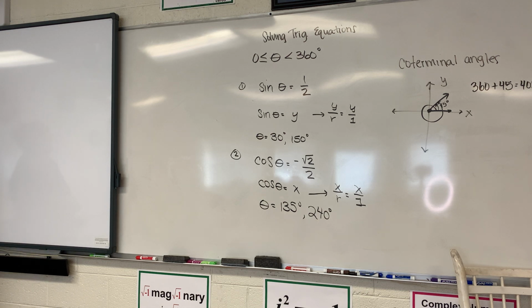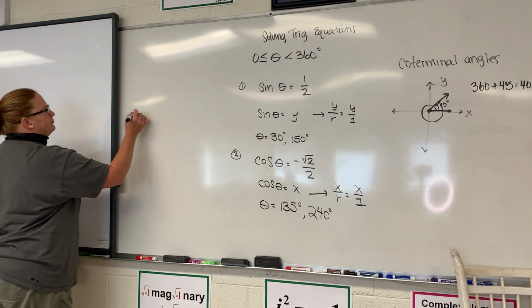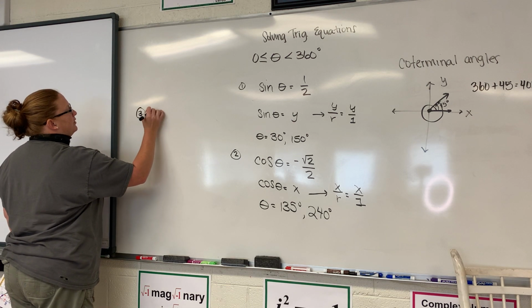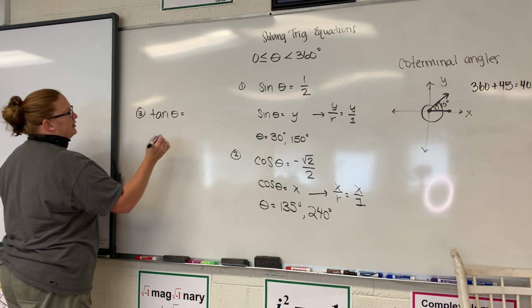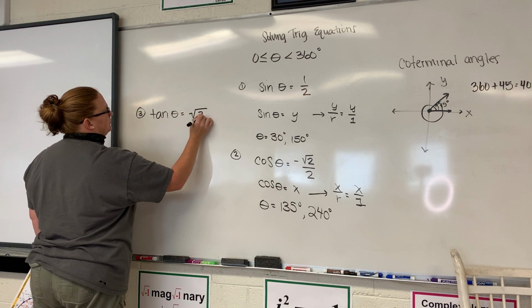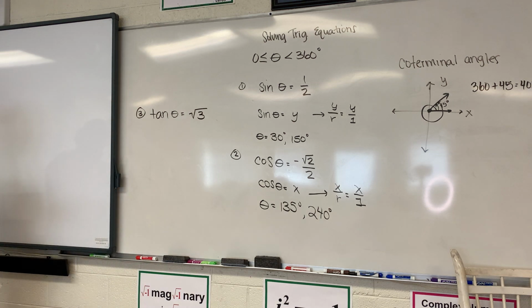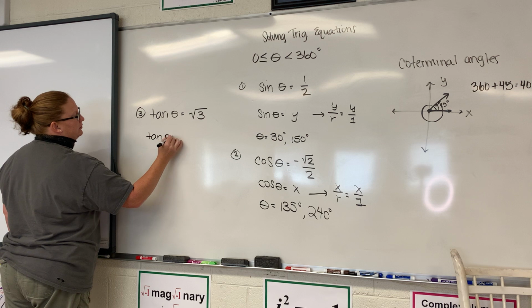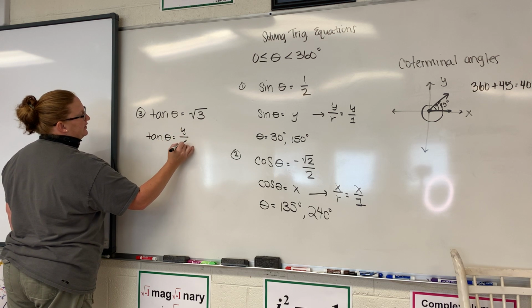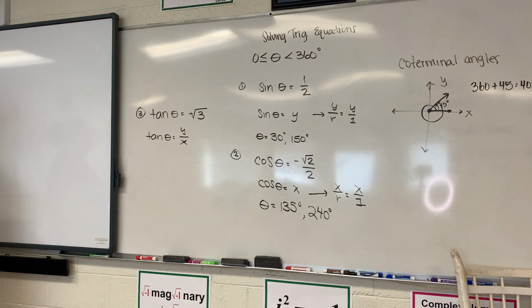Now this is where it gets difficult, next, tangents. Tangent is, what are we looking at? Y over x. So it's not exactly like we're looking straight at one single thing. We can't look for exactly square root of 3.